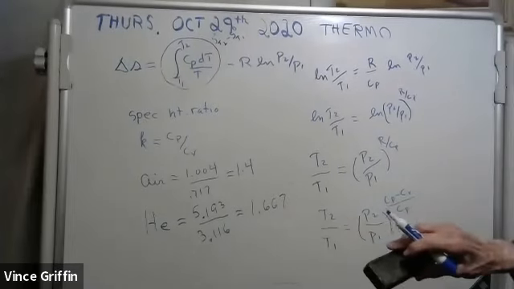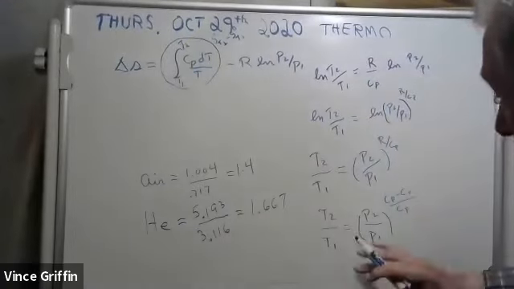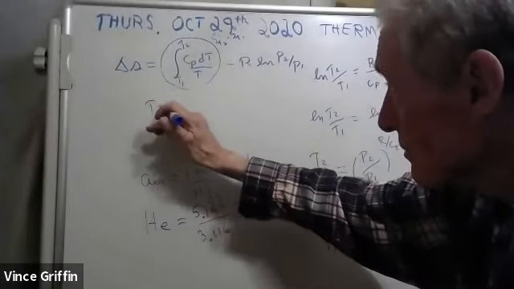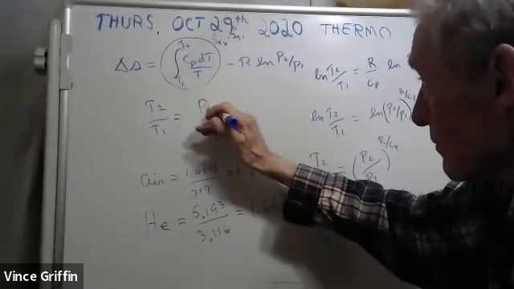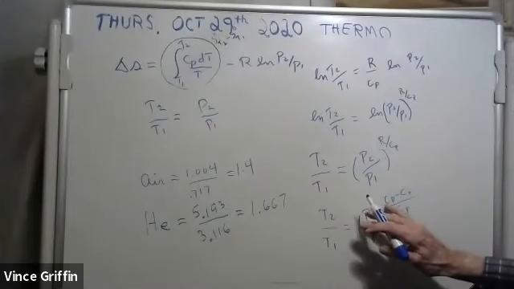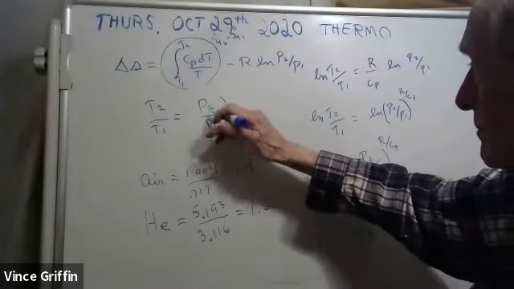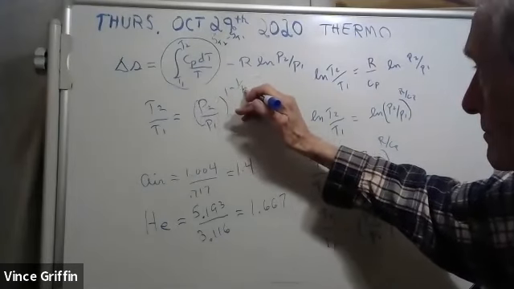I need some room though. Okay, so what we got here now is T2 over T1 is equal to P2 over P1 to the, can you see that's 1 minus 1 over K?